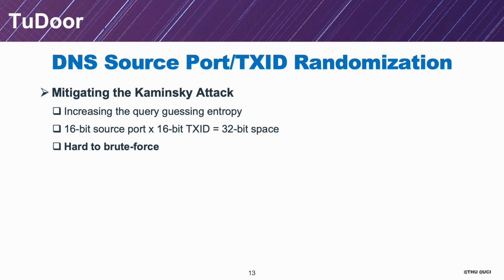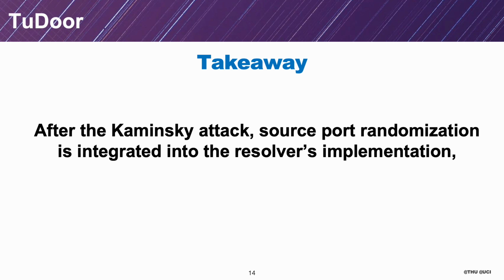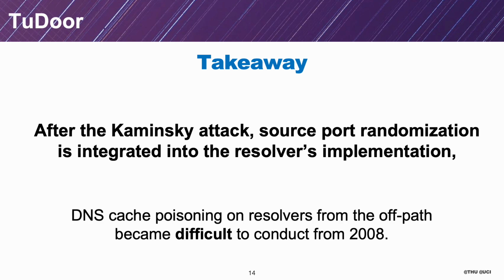Since the TXID only has 16 bits, the attack could work. To mitigate the Kaminsky attack, source port randomization is added to increase the identification field guessing entropy. So totally, the guessing space is 32 bits and hard to brute force. After that, source port randomization is integrated into the resolver's implementation, and the off-path attack seems difficult to conduct.